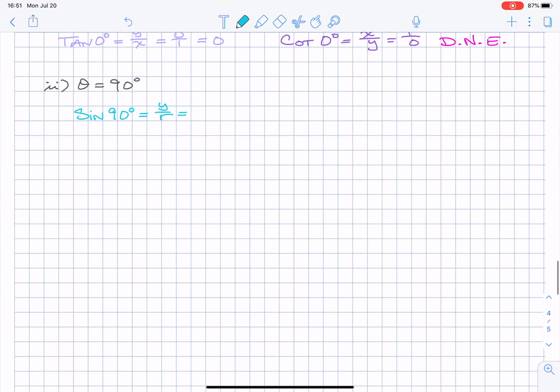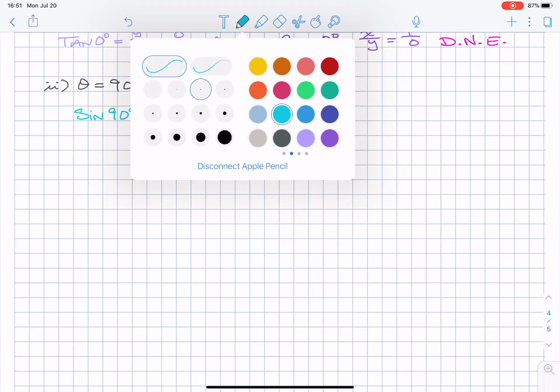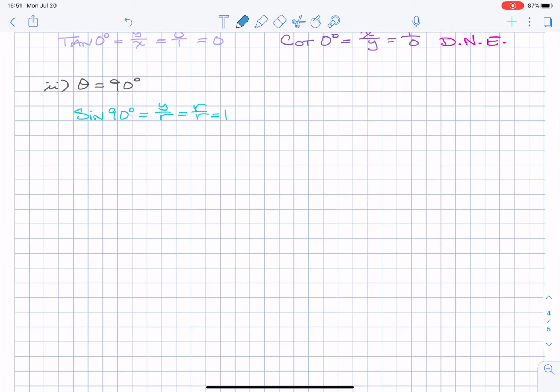So this is going to be r over r, which is just 1. And the reciprocal, s's and c's go together. So cosecant of 90 degrees is going to be r over y, which is r over r, which is 1. And yes, that is indeed the reciprocal to 1.